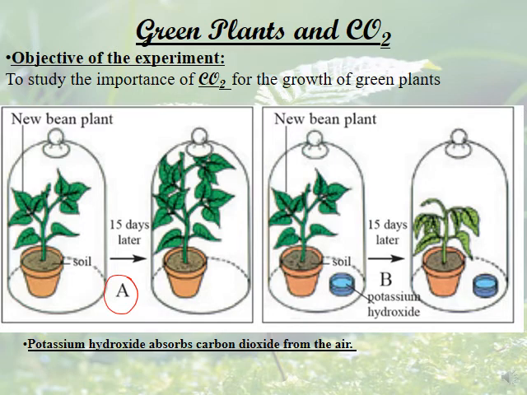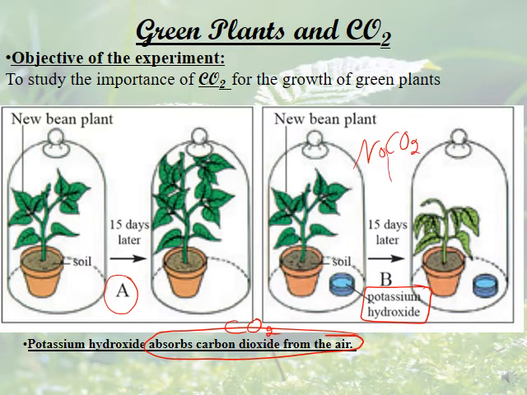Whereas in plant B, we have potassium hydroxide, which has the role of absorbing carbon dioxide. So it absorbs CO2, meaning that here there is no CO2. The plant withers and becomes yellow in color, and finally it dies.